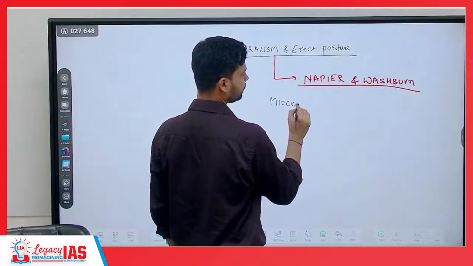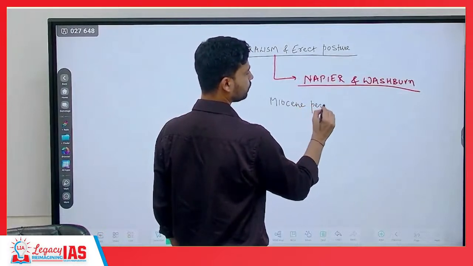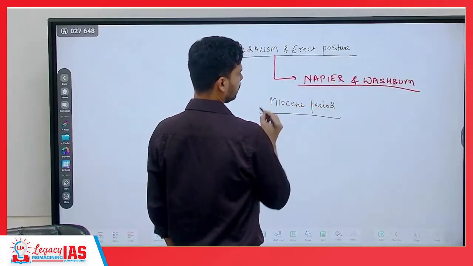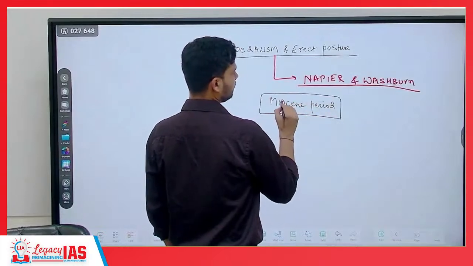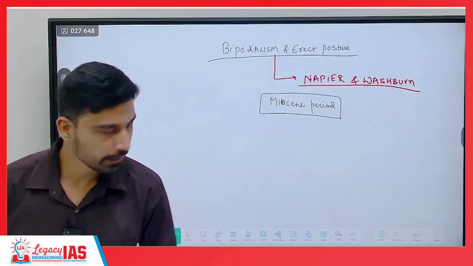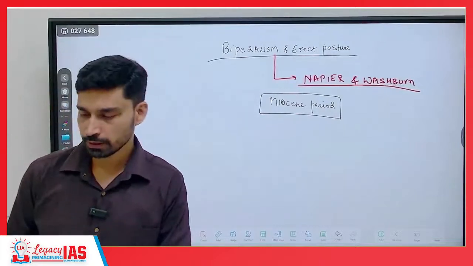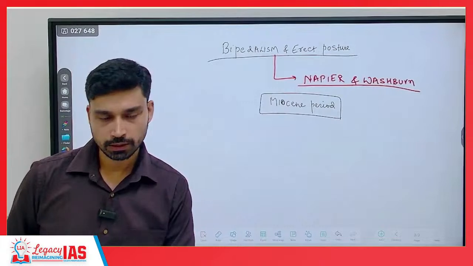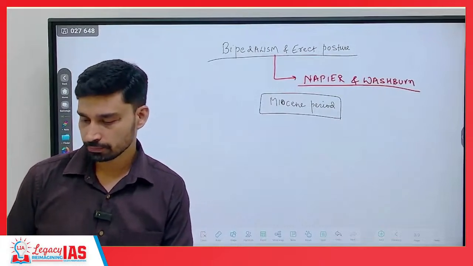As per Napier and Washburn, they start by talking about the Miocene period.